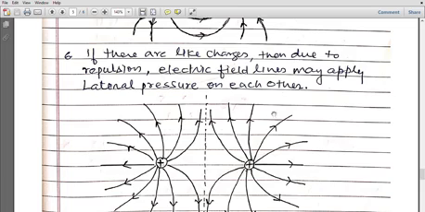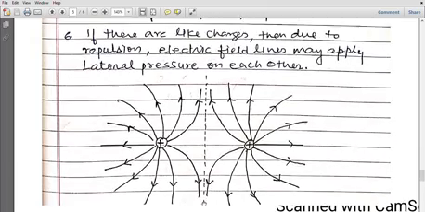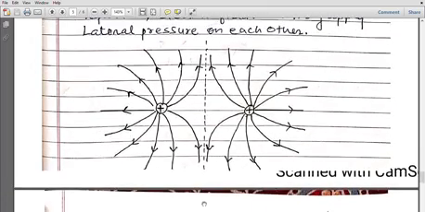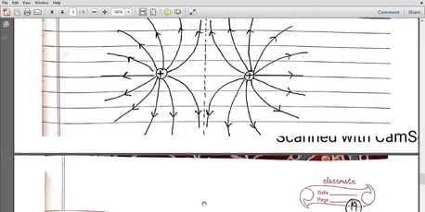You can see this is positive charge, this is positive charge. The direction of field lines are opposite to each other, so they will repel, and because of the repulsion they get bent in this way. Okay, they are not moving, they do not tend to move towards each other, they are opposing, and because of the opposition ये लाइंस जो हैं इस टाइप से बैंड होती हैं.